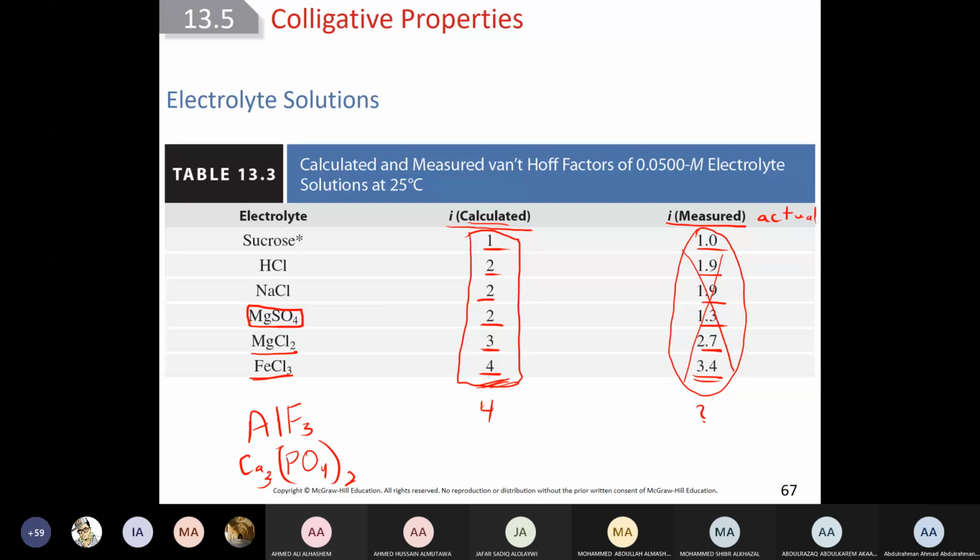Five. Yes, say it loudly. Why are you afraid? 5. Yes, because we have 3 of this and 2 of this. The total is 5. But how much are we going to see on this side? Equal or less. Equal to 5, but it will never be more than 5. I know this, but I don't know what it is exactly. Maybe it's 1.9, 2.5, 4.7, 4.8, anything, I don't know. But this one calculated, I know it is 5. Is this clear? Easy.